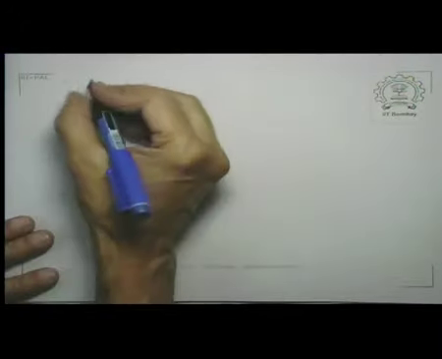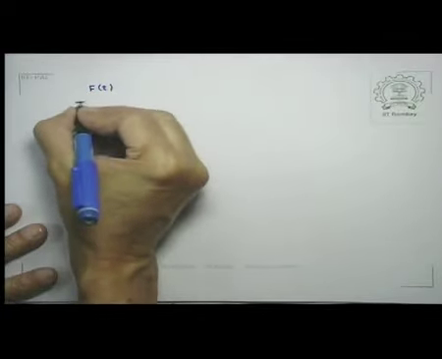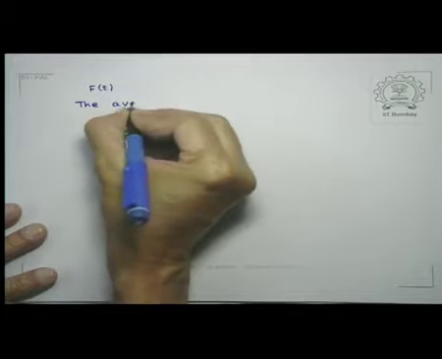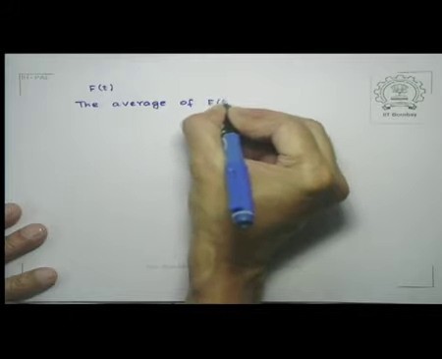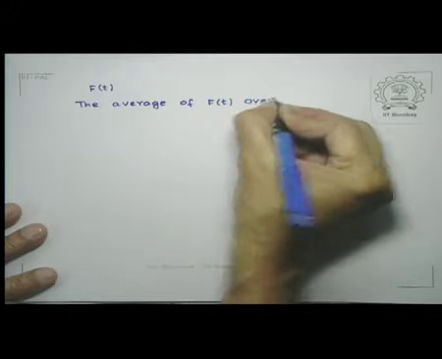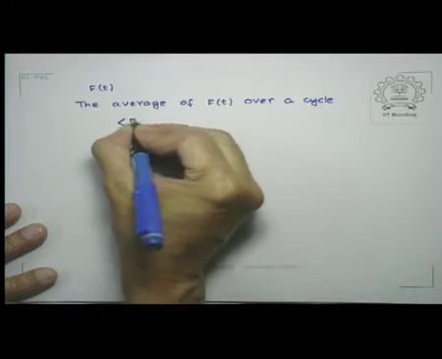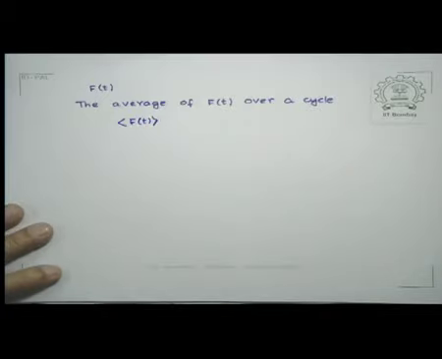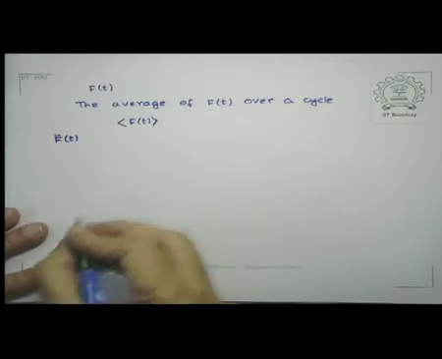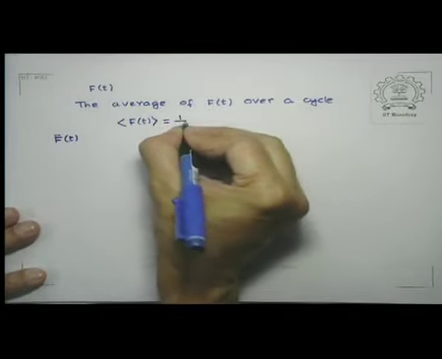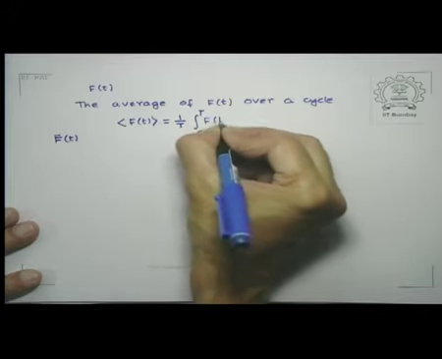Supposing I have a time dependent quantity f of t, the average of f of t over a period is written like this, or you could also write it like f bar of t, there is no standard way of doing it, is 1 over T integral from 0 to T of f(t) dt.